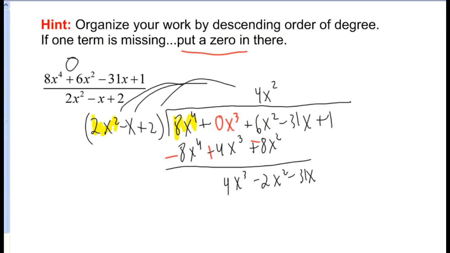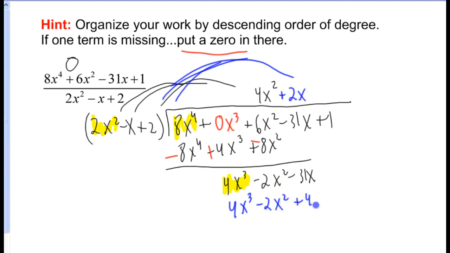And so then we're looking at this term and this term. 2x squared times what is 4x cubed? So we'd say plus 2x. And then multiply 2x times all 3 of those terms. So we get 4x cubed minus 2x squared plus 4x.